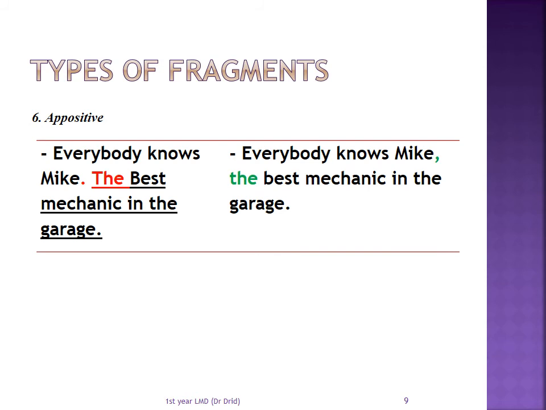We correct this by dropping the full stop and the capital letter and attaching the appositive to the previous part of the sentence. Here we say, everybody knows Mike, the best mechanic in the garage. Here Mike and the best mechanic in the garage are appositives.